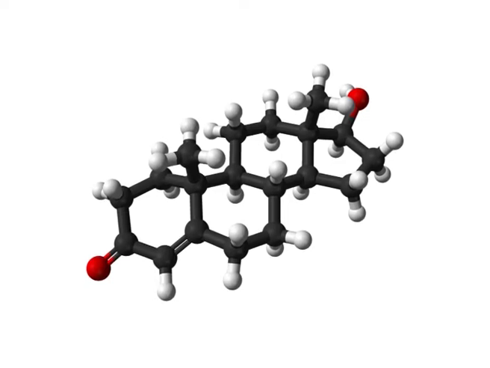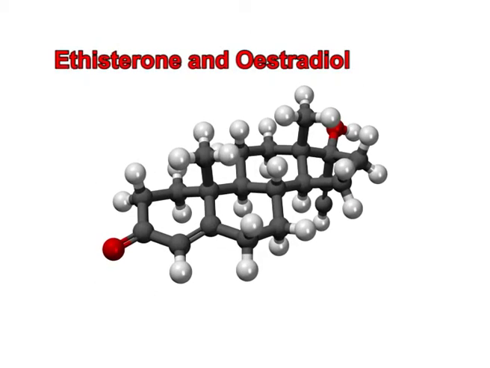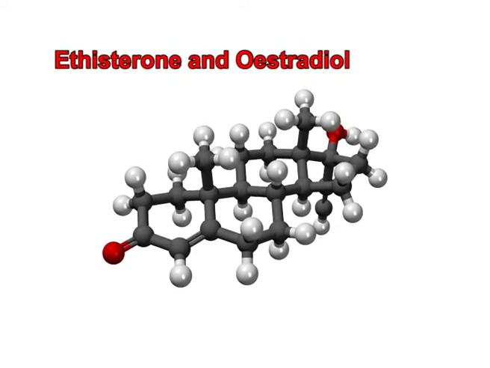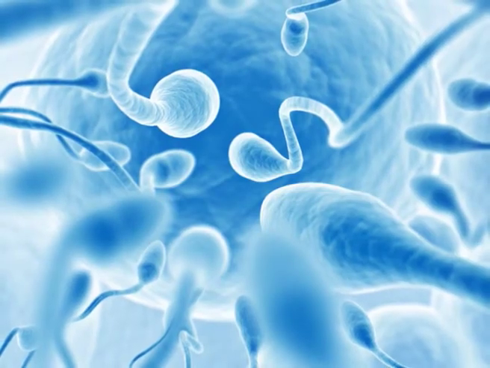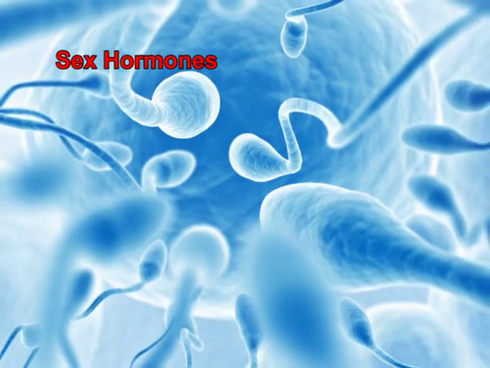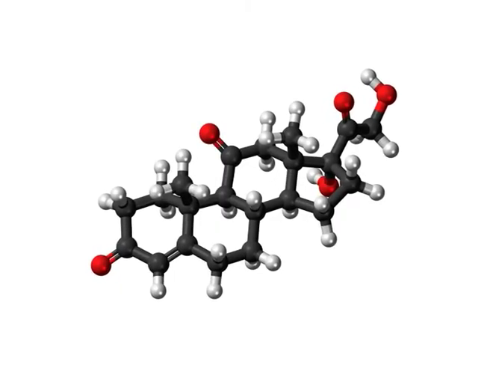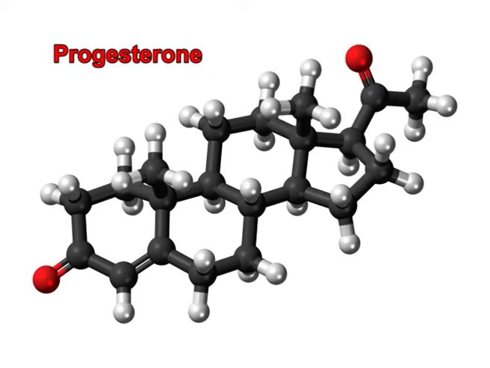Dehydroepiandrosterone is used for the synthesis of testosterone and other androgens, estrone and estradiol. This shows that diosgenin is a convenient starting material for the synthesis of male and female sex hormones and their modified analogues. Diosgenin is used for the commercial synthesis of cortisone, pregnenolone, progesterone and other steroid products.